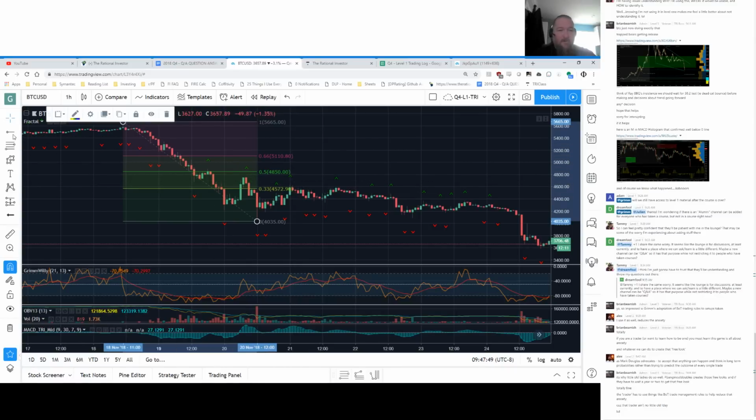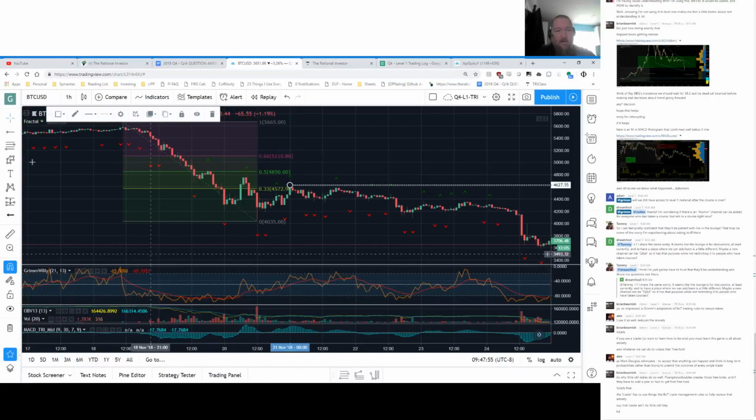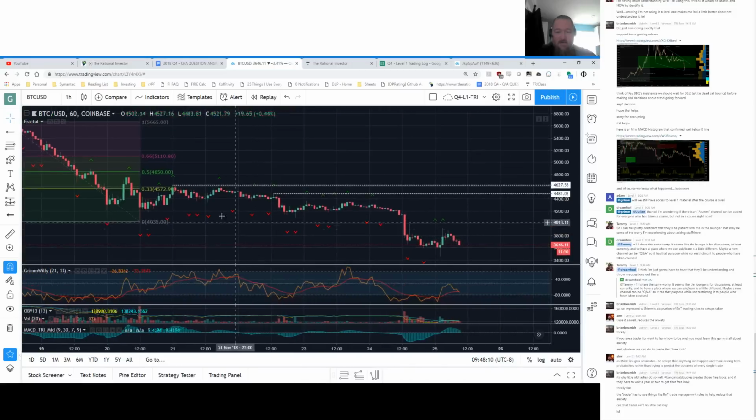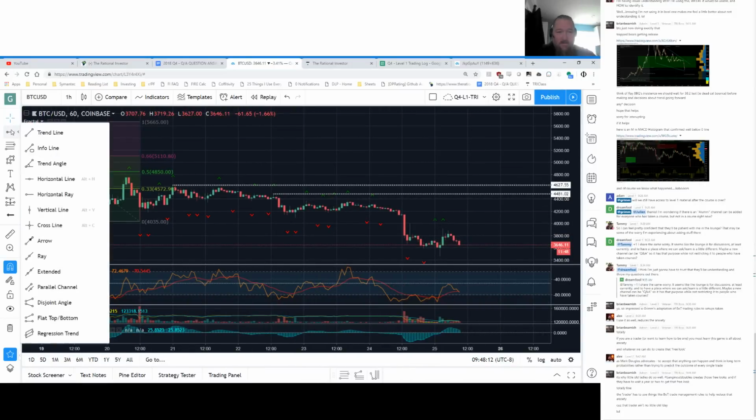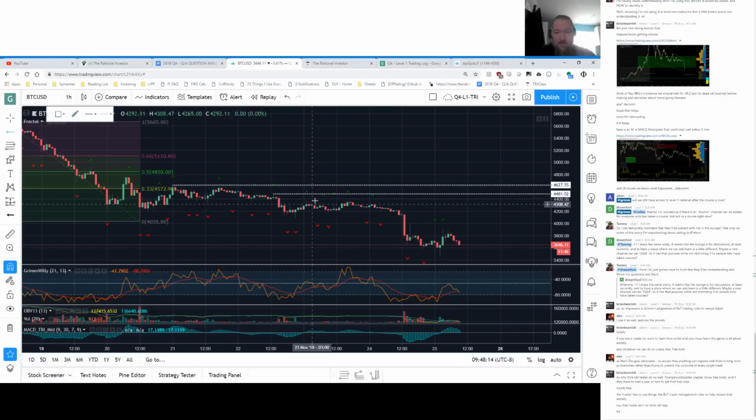Then we're looking for one low, one high, and this high's awfully close to that. I don't think I would have counted that. Two highs. That looks pretty good. Three highs. Okay.